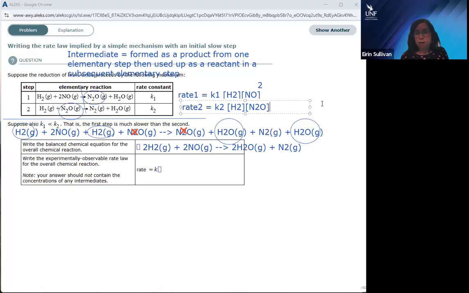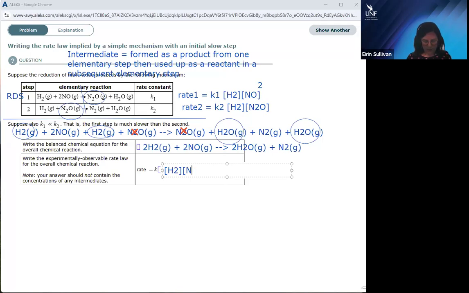But in this case, we know that the rate determining step is step 1. Therefore, the rate law must be the same as what it is for step 1, okay? The rate law of the slowest elementary step is going to match the rate law of the overall equation. So we've already got rate equals k, so we can just go ahead and put H2 first order, and NO will be second order.